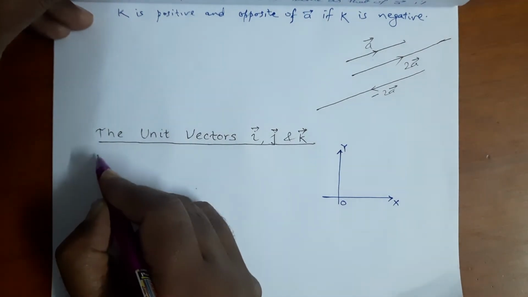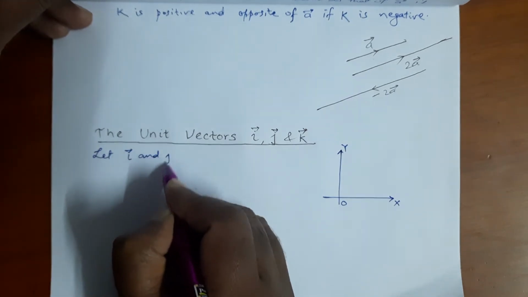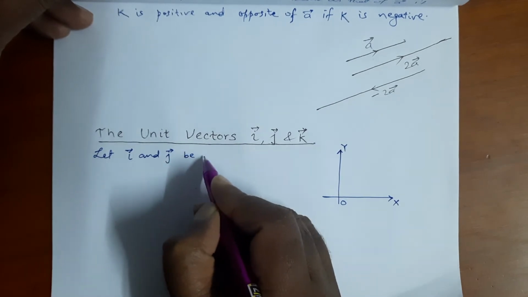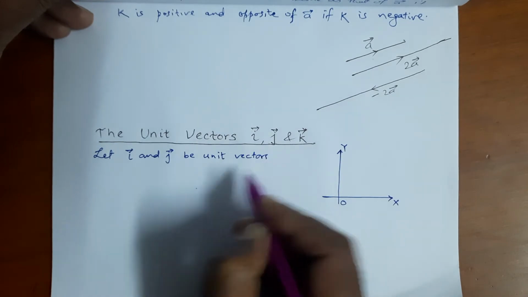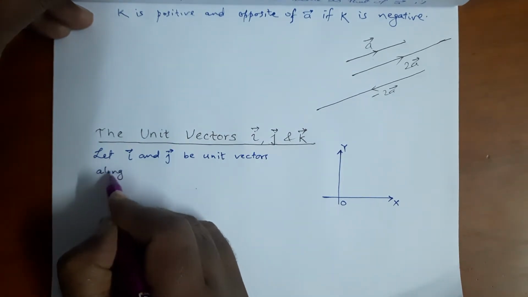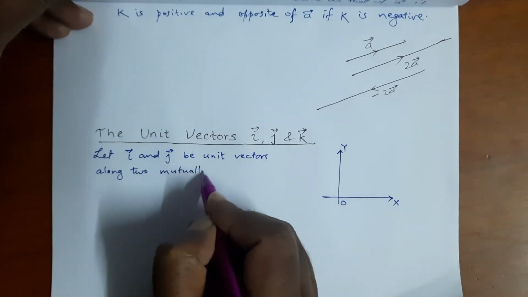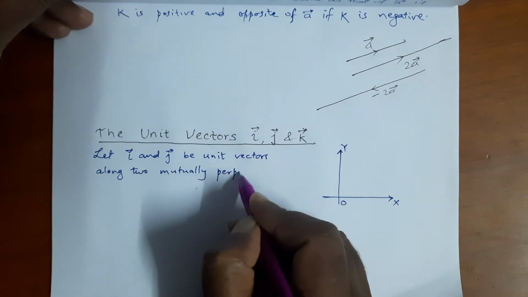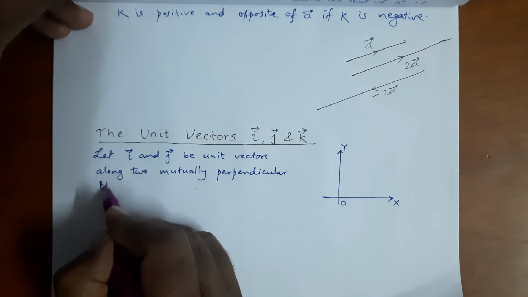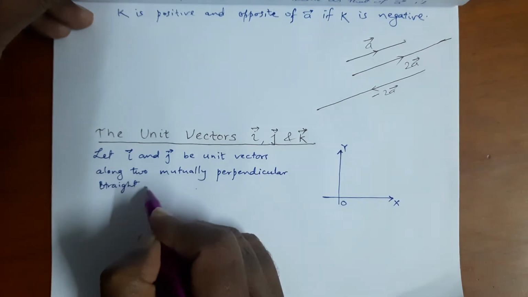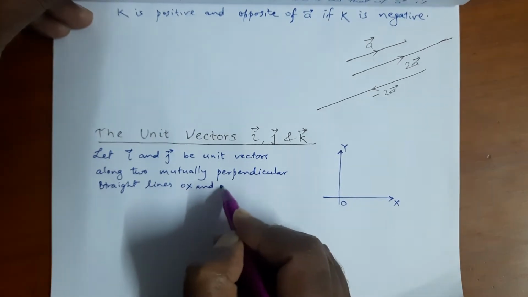And let I and J be unit vectors along two mutually perpendicular straight lines OX and OY.